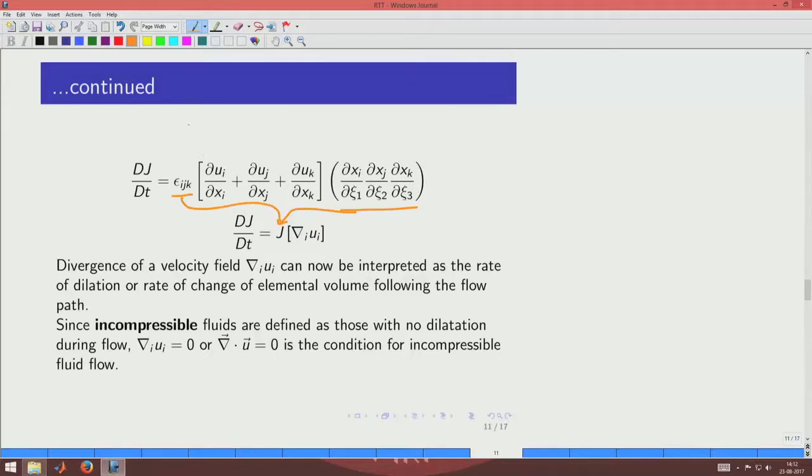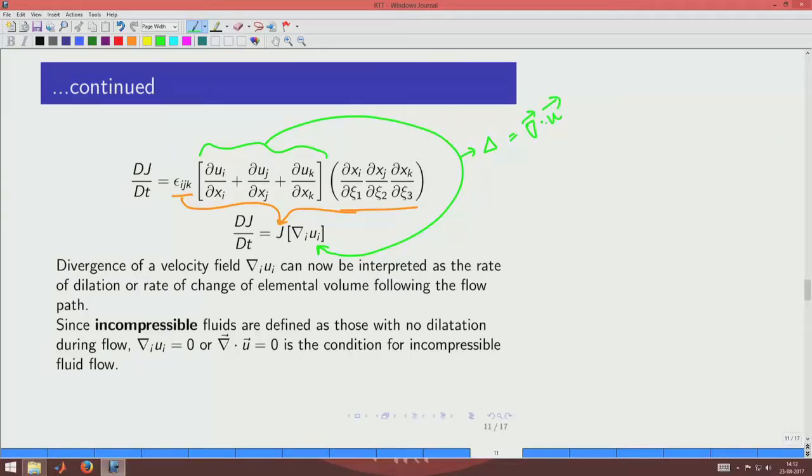And we already have this term separately, we took it up earlier, and this is nothing but the rate of dilation, which is delta. This is the delta definition, which we wrote as nabla dot u.